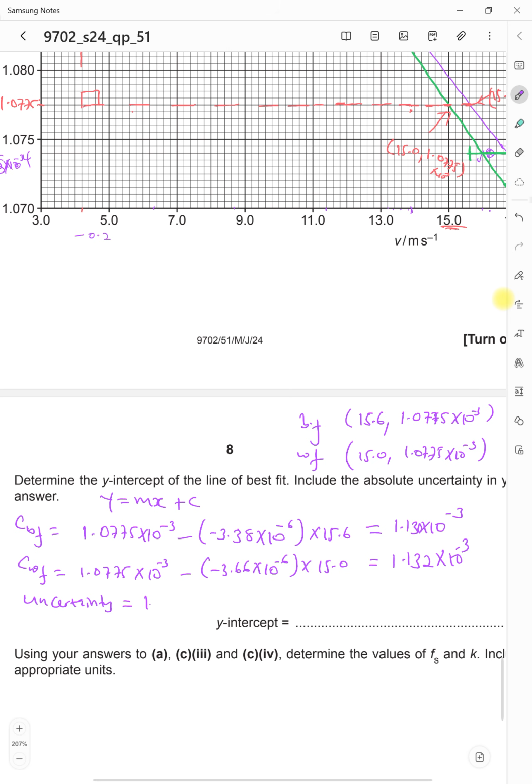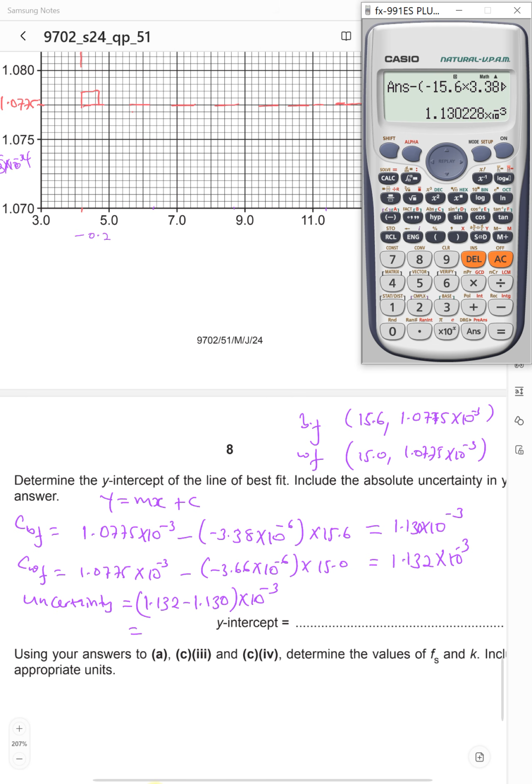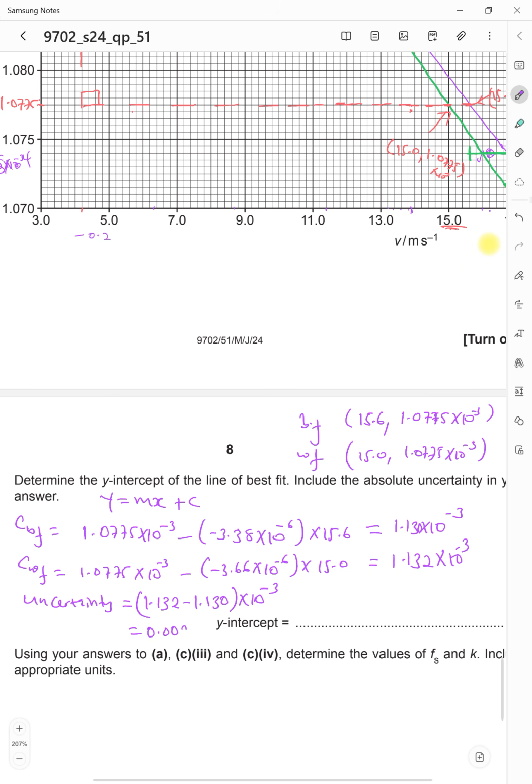So the uncertainty is going to be 1.132 minus 1.130 times 10 to the power of minus 3, which is 0.002 times 10 to the power of minus 3.